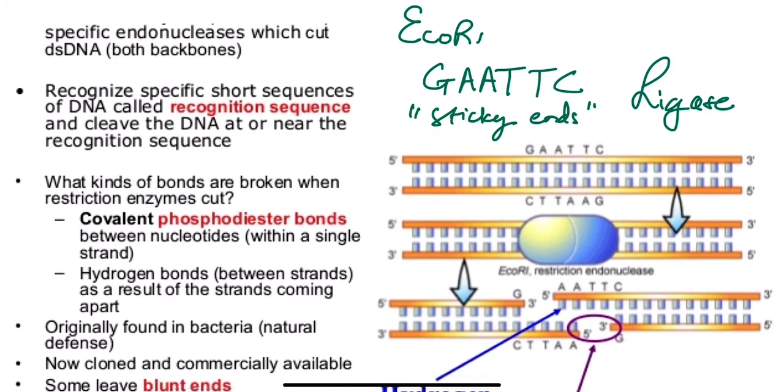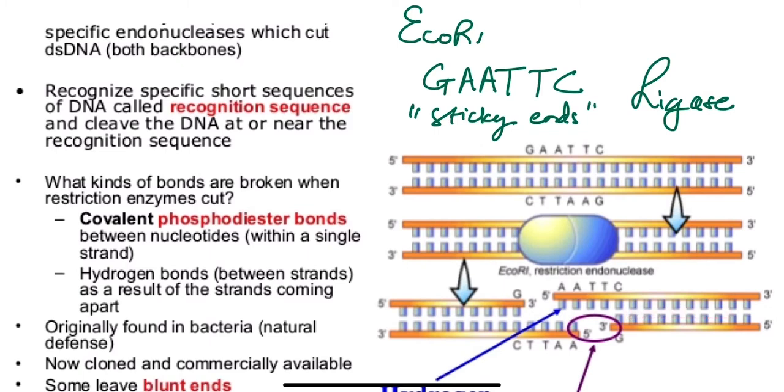Just to clarify something here, the bonds that are broken when restriction enzymes like EcoR1 cut are the covalent phosphodiester bonds within the backbone, and also the hydrogen bonds between the strands, between the individual nucleotides, the A's, the T's, the C's, and the G's.